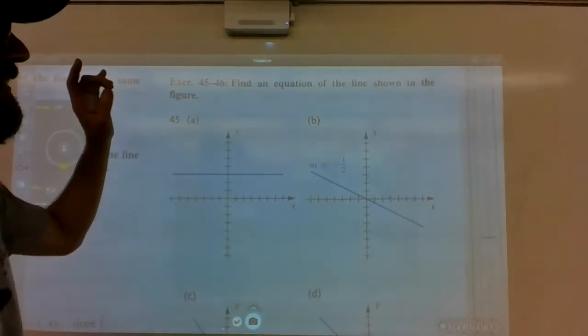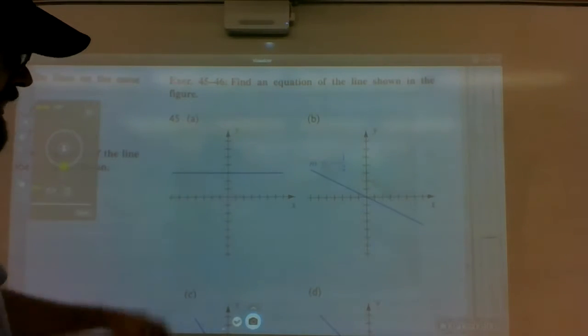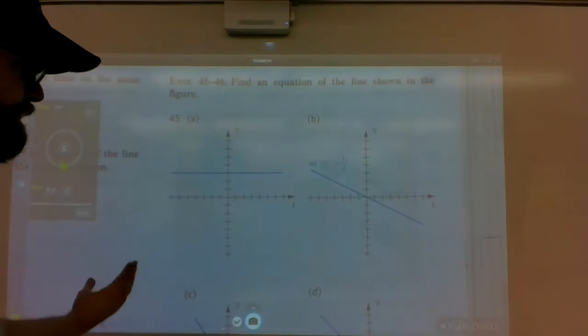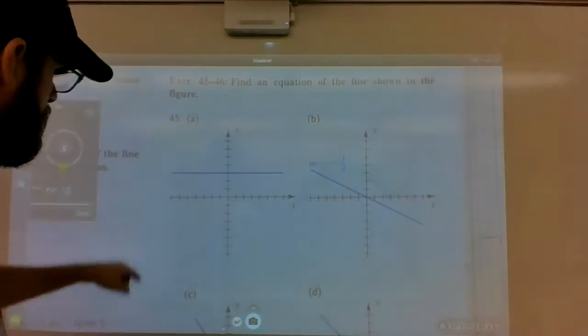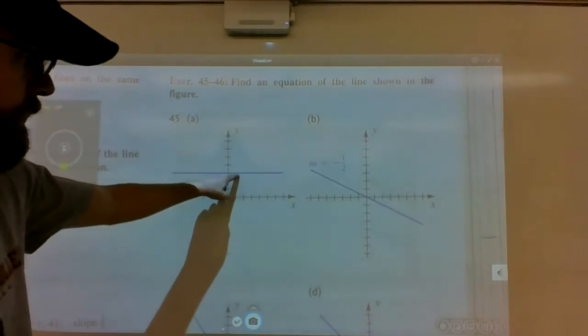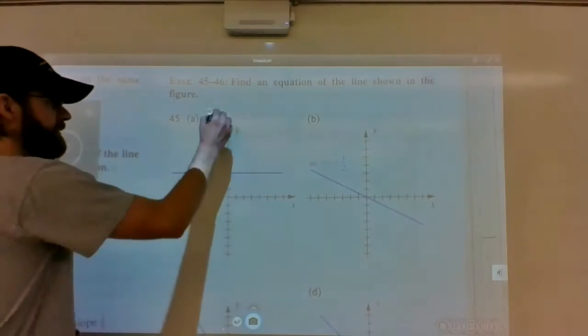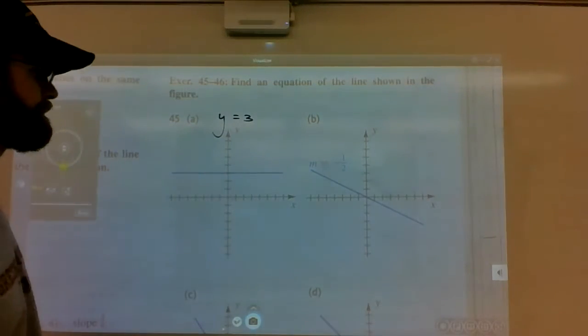Find an equation of the line shown in the given figure. So right here, for 45a, it looks like a horizontal line in which the y value is always equal to 3. The equation is y equals 3.